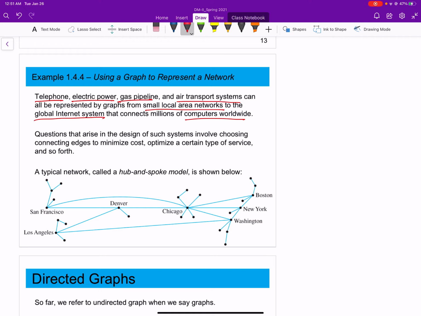So you can understand that learning graph theory is very important because of the internet.